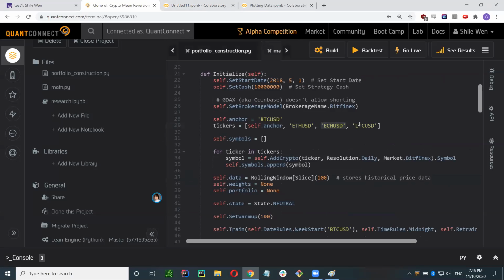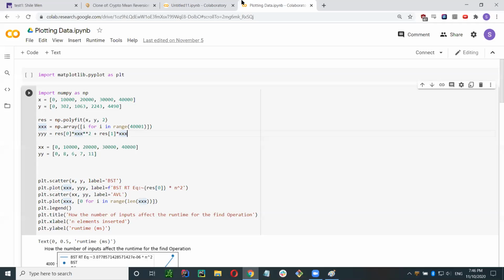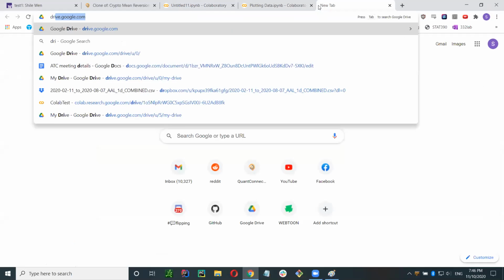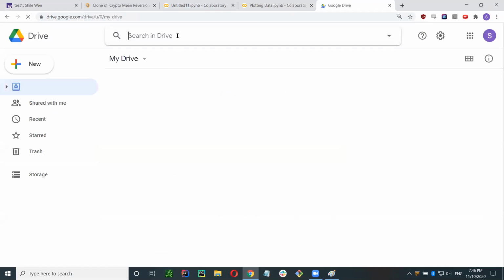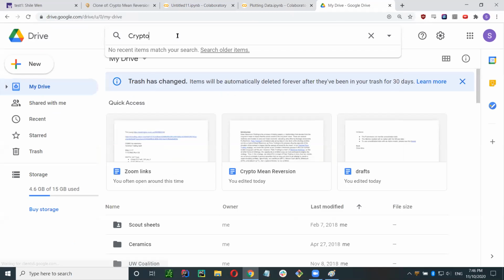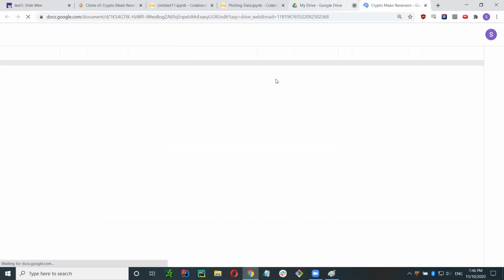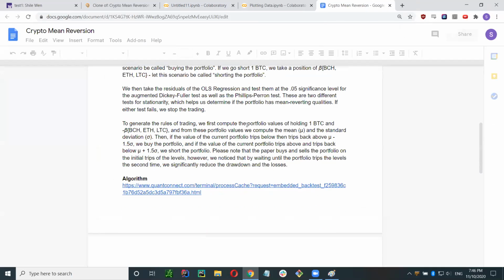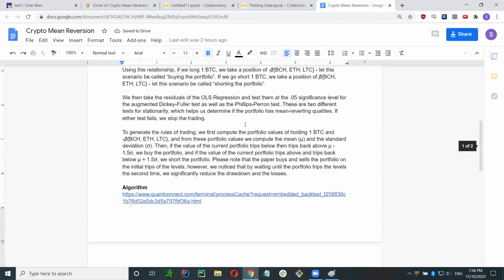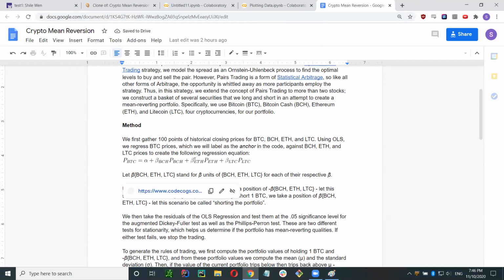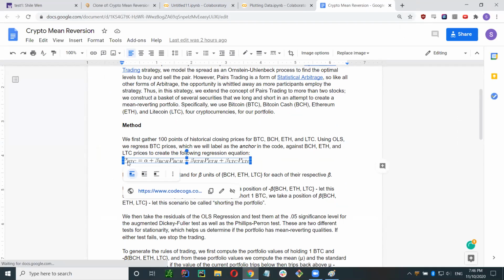So our equation would be, I actually have it right here: the price of BTC regressed against the price of BCH, ETH, and LTC.